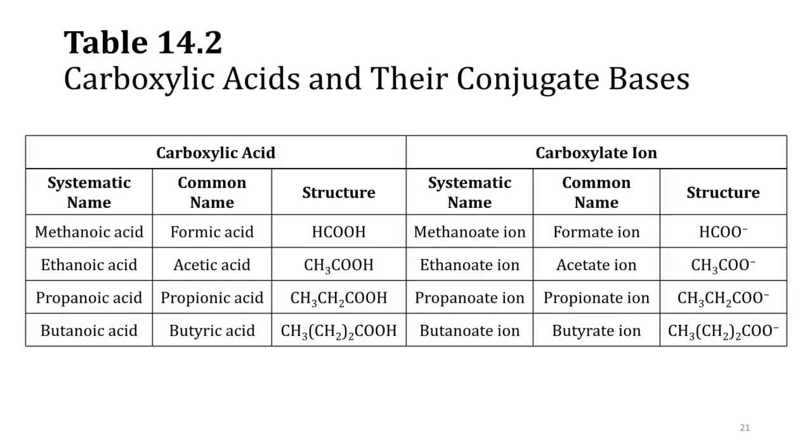Propanoic acid is commonly called propionic acid, shown here with its formula, and its conjugate base is propanoate ion. The common name propionate ion is probably not quite so common. And then finally, butanoic acid, the stinky acid, butyric acid. Its conjugate base is butanoate or butyrate.